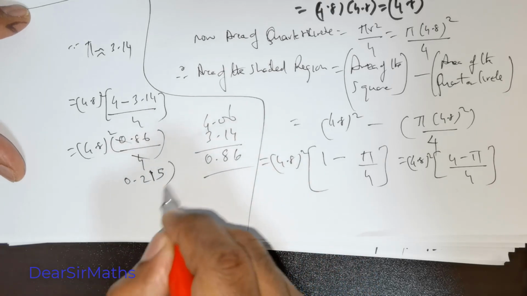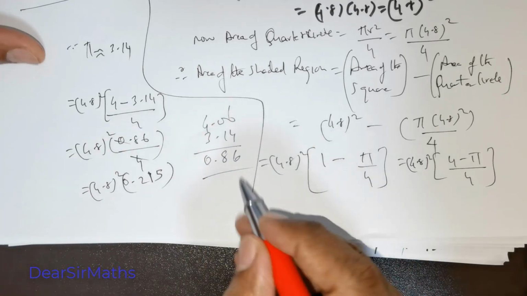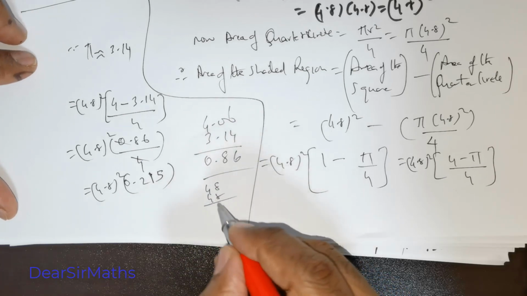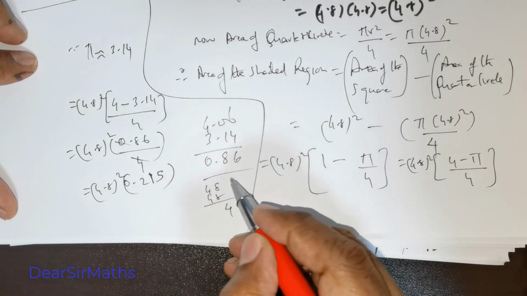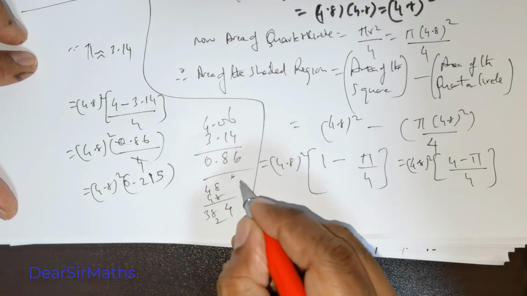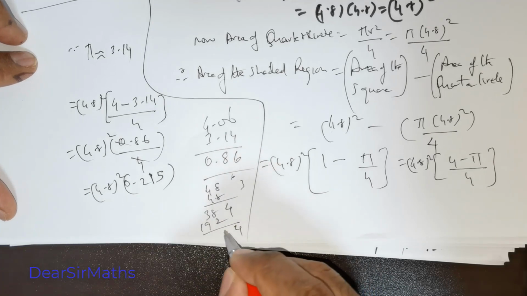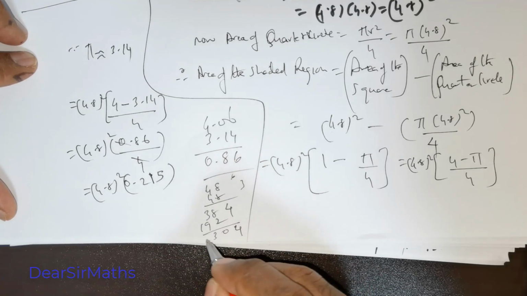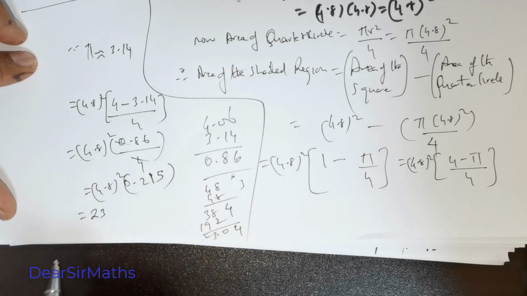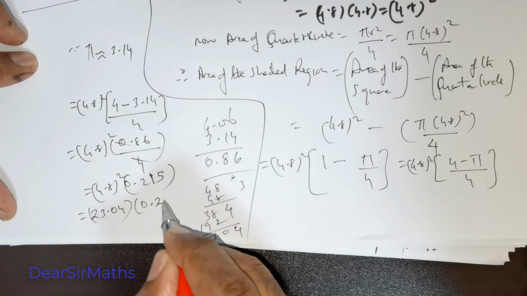So 0.215 multiplied with 4.8 squared. So let me multiply 4.8 by 4.8. So this is 23.04 multiplied with 0.215.